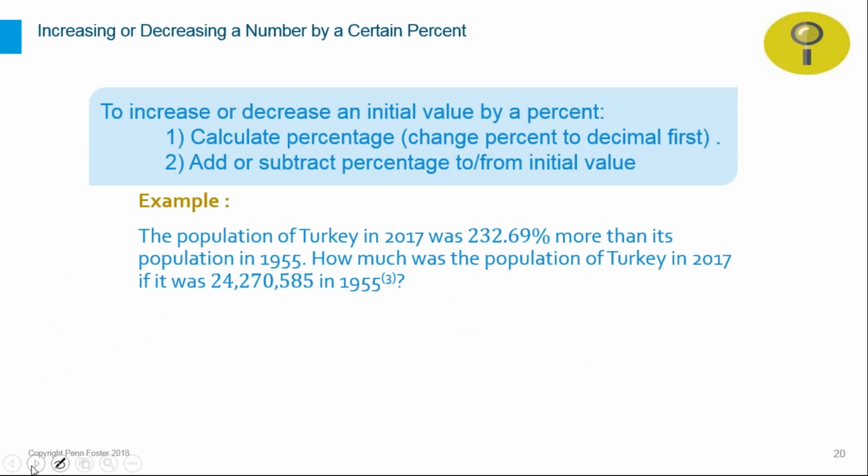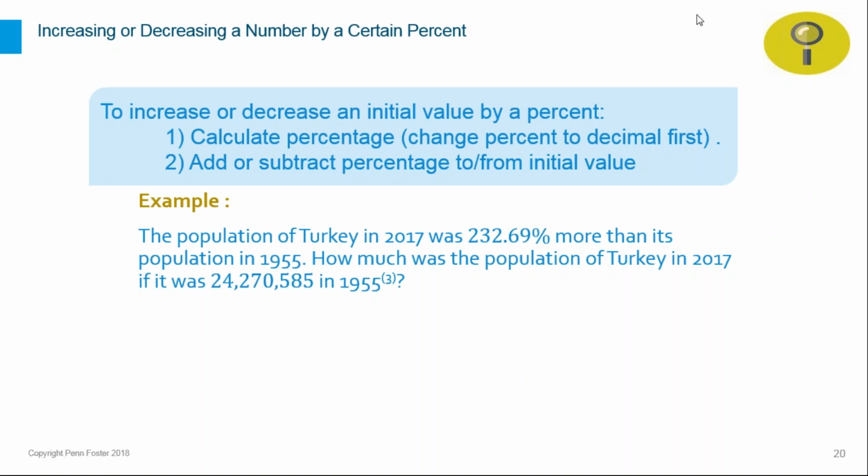To increase or decrease an initial value by a percent. So now we're going to do the other way around. In the past, we had the initial value and the end value, and we found the percent increase or decrease. Now we have a value and you're asked to add or subtract a certain percent from that initial value to find the end value.